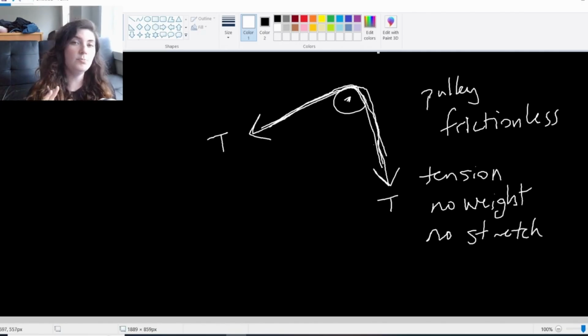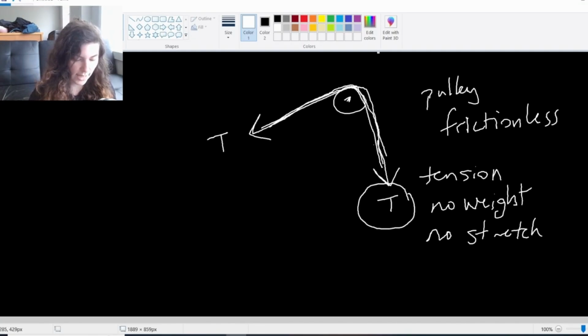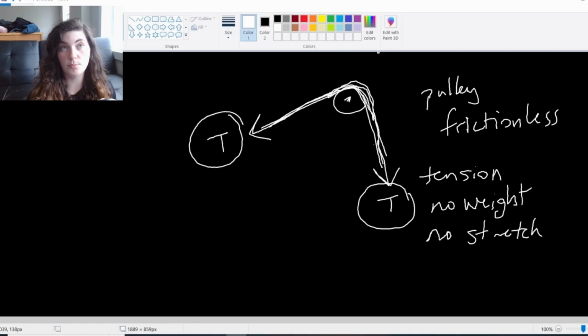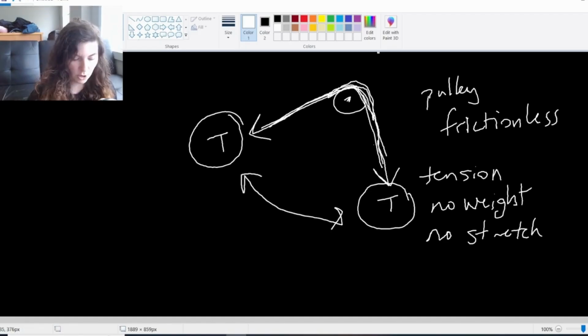But the most important thing that we need to recognize about a pulley system is that the tension through the cables that go around the pulley are the same. These 2 values are always going to be the same, no matter what angle these come out at. So it doesn't matter, they could be at any angle.